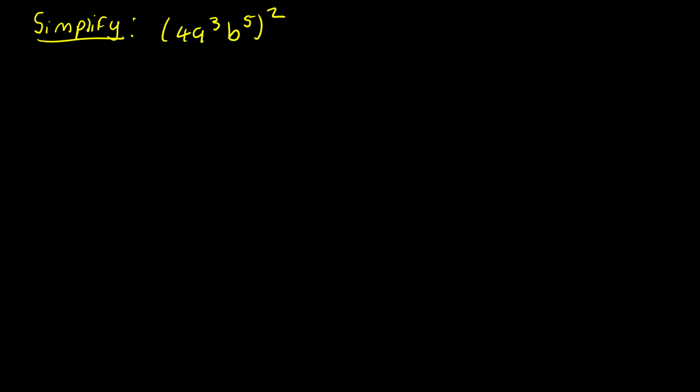Now, at first glance, this looks as if it is going to be complex, but we just need to remember exponential law number 3, which says that if I have a bracket that's raised to a power and everything inside of that bracket is just multiplying or dividing, I can just multiply that exponent on the outside with all of the exponents on the inside.